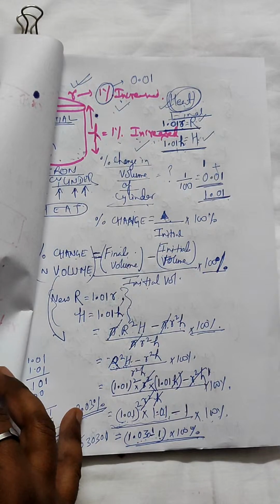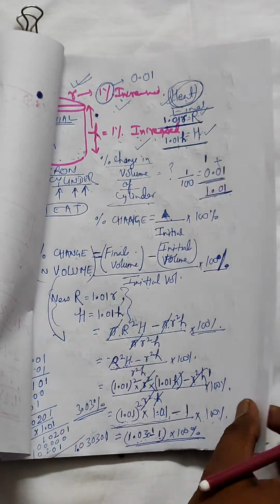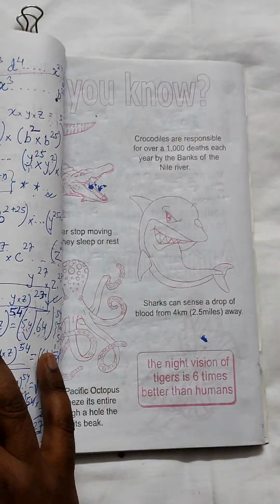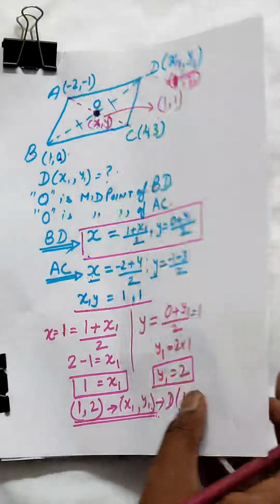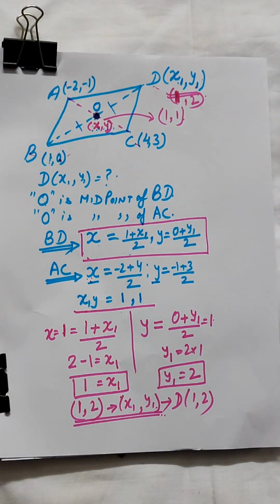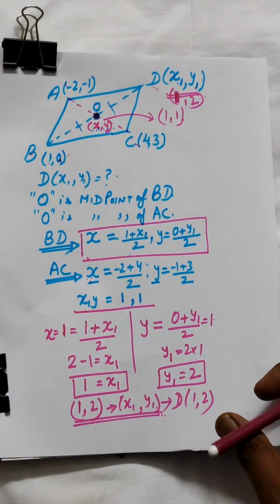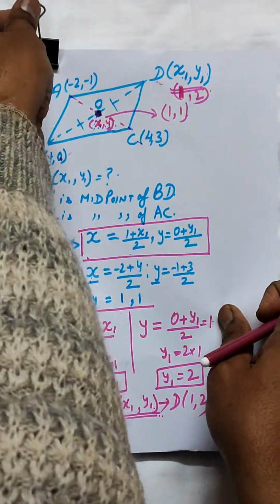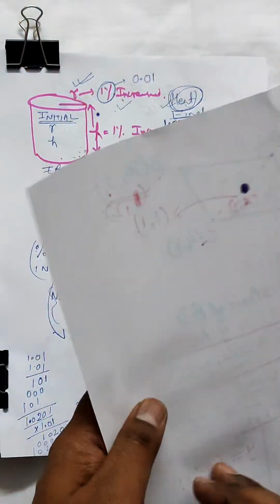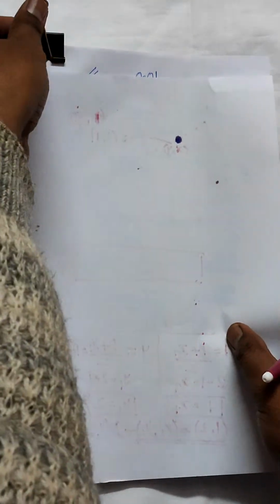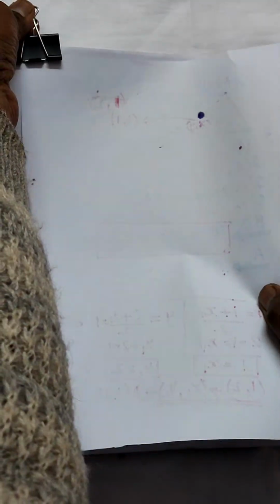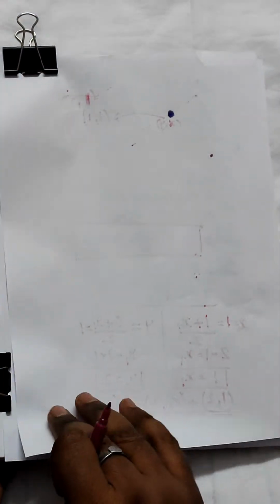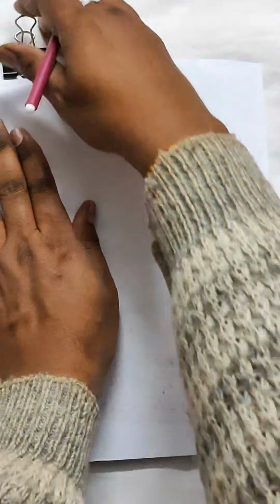This we calculated as 3.03%. We also solved the question where the values of P and Q are given, and how to calculate the value of P into Q by applying the exponents concept, right? So let us do some more questions over here to get some more clarity, right?